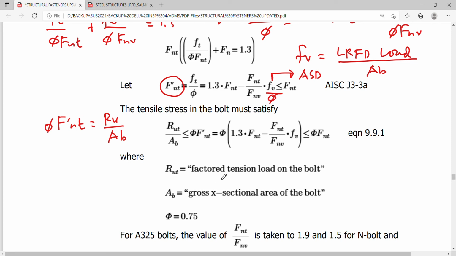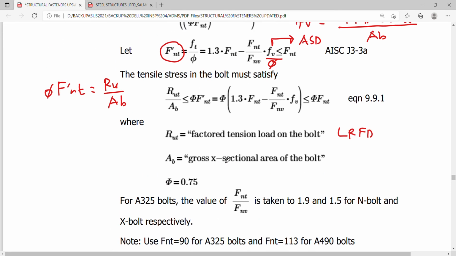Rut is the factored tension load on the bolt. Again, it's an LRFD load, although we are considering an ASD interaction equation. Ab is the gross cross-sectional area of the bolt, and phi is the 0.75 reduction factor given in the LRFD code.